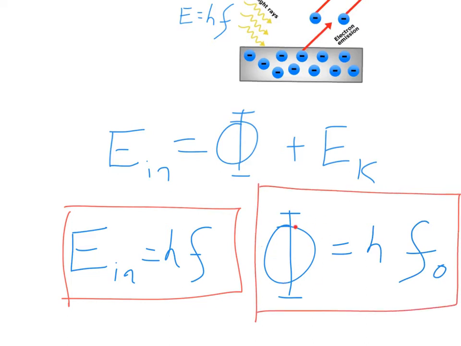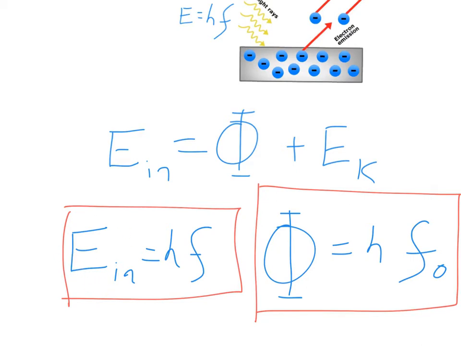Phi, or the work function, is again an amount of energy, and then f naught on the right hand side is just the threshold frequency. So again, it is just a frequency, but it's the minimum one. Now you might be wondering what's the difference between these.